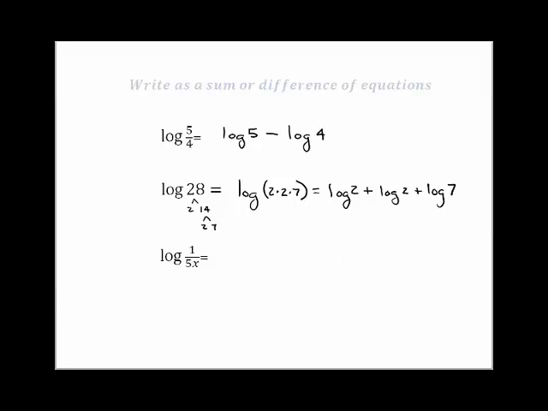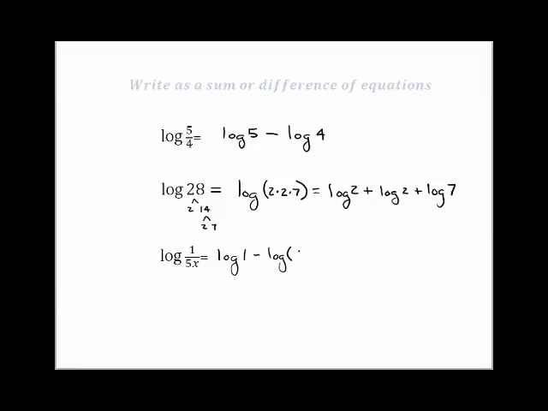Okay, there's the multiplication. All right, now we've got the log of 1 over 5x. Let's rewrite it a little bit easier first. Log of 1 minus the log, but remember, here's our minus for the division.